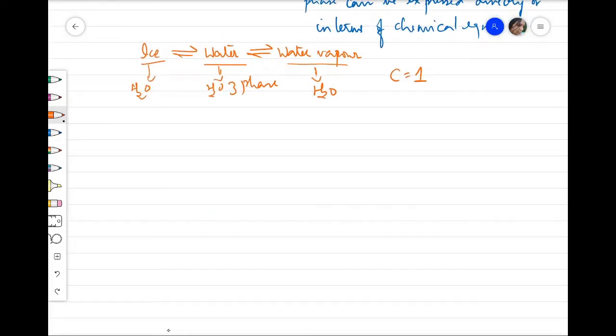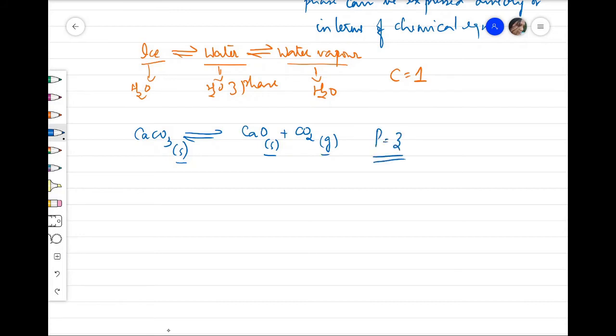Now let me take another case, calcium carbonate. On heating, it will decompose to form calcium oxide and carbon dioxide. Here, as I said, however many solids there are, each is one phase. So 1, 2 and 1, this is gaseous, so the total number of phases is 3.